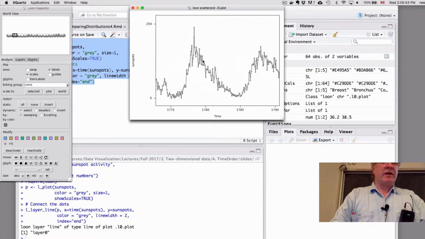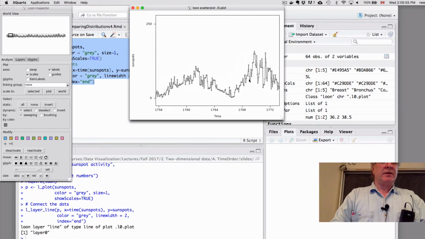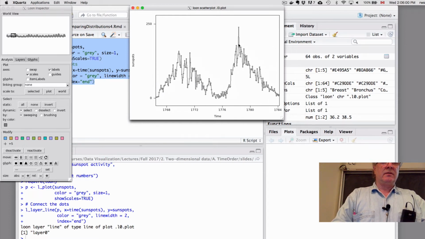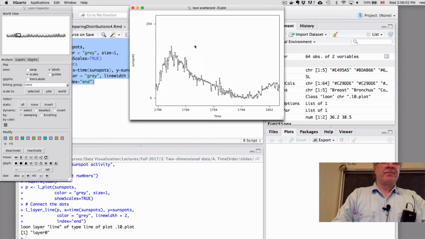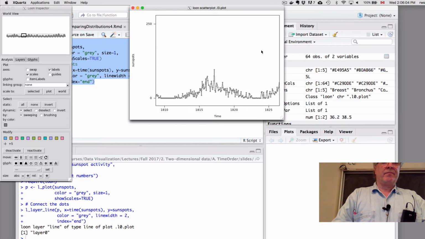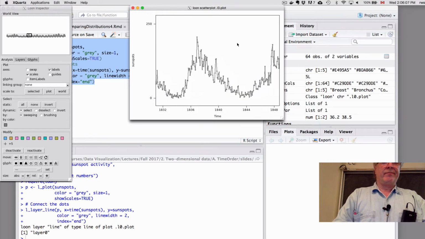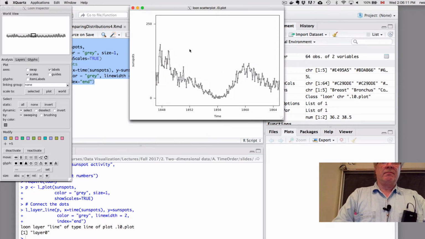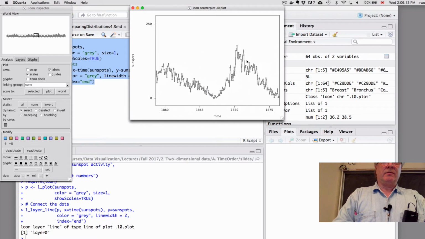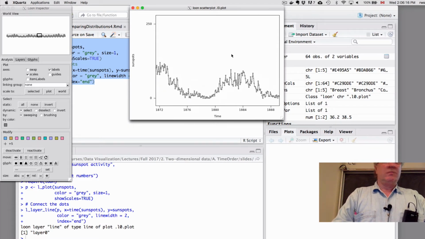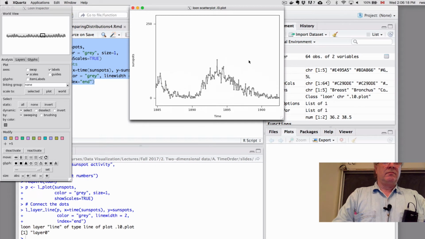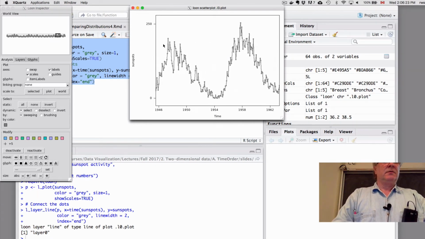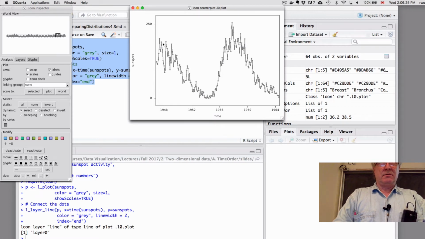And so you can see this pattern. Notice anything about these patterns now? It's going up and down. Let's go left to right. Anything in common? Anything different? Yes.